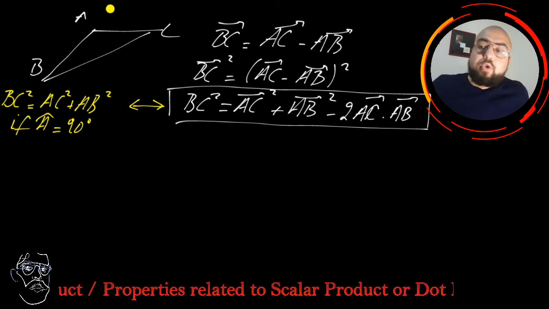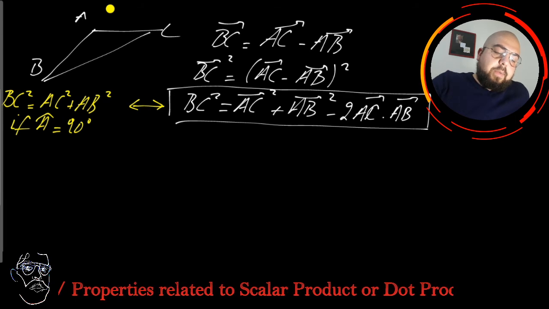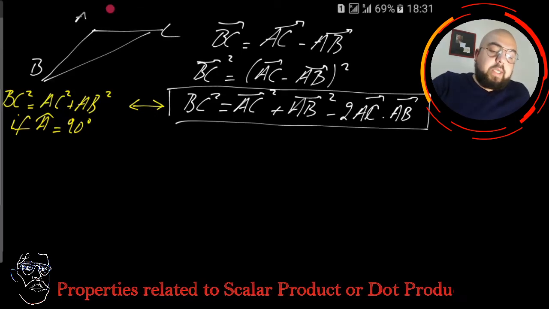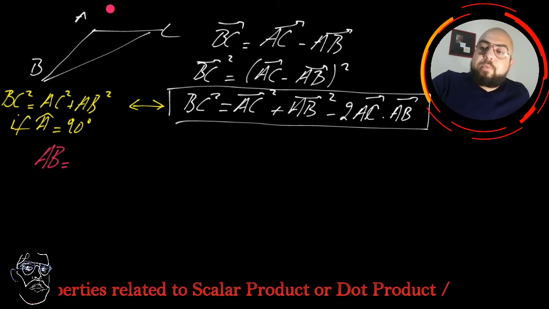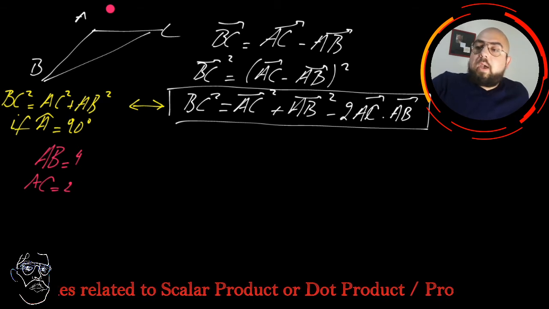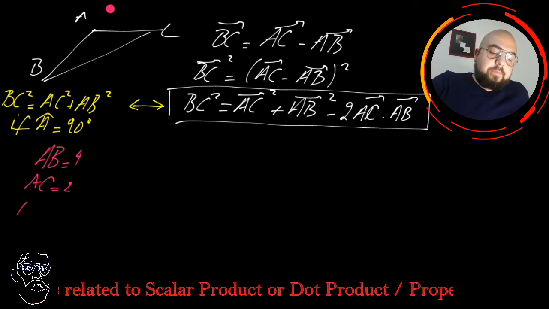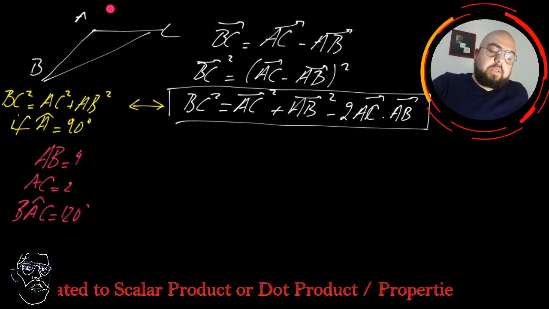So I'm going to take an example about this case also, and we're going to be able to finish the properties related to this scalar product. So let's say we have AB is equal to 4, AC is equal to 2, and the angle BAC is equal to 120 degrees.